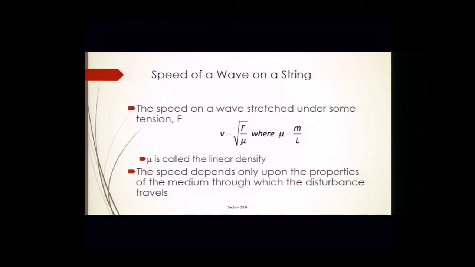And that's where this comes in. The speed on a stretched string actually works out to be the square root of the force, or the tension in the string, divided by the linear density, or how big or thick my string is. And if you think about trying to create tension in one of those exercise ropes, it's hard.